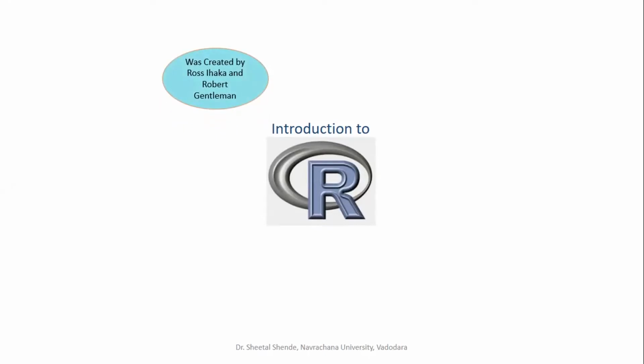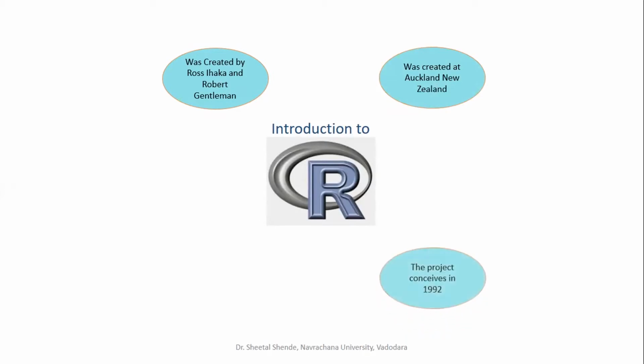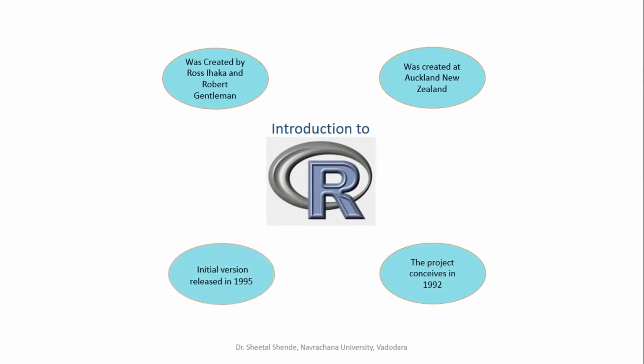R was created by Ross and Robert at the University of Auckland in New Zealand. The project first started in 1992. After that, one person called Martin made an important contribution to the world of R by convincing its owners, Ross and Robert, to use the GNU license.